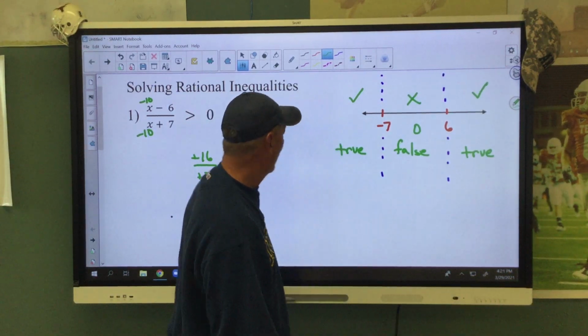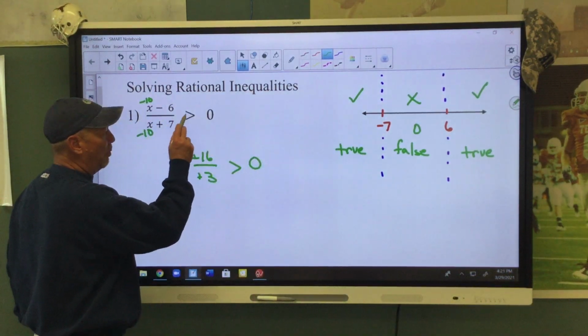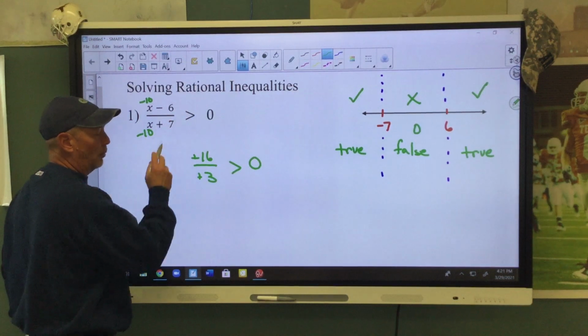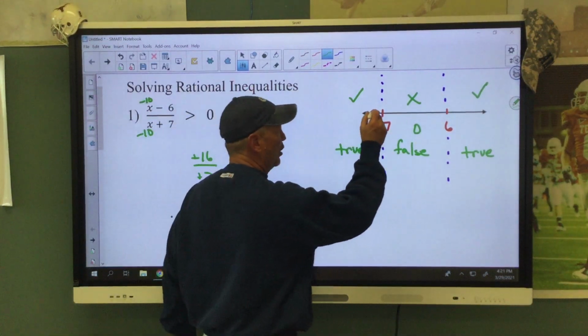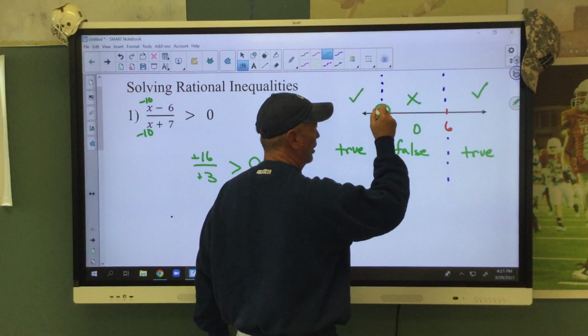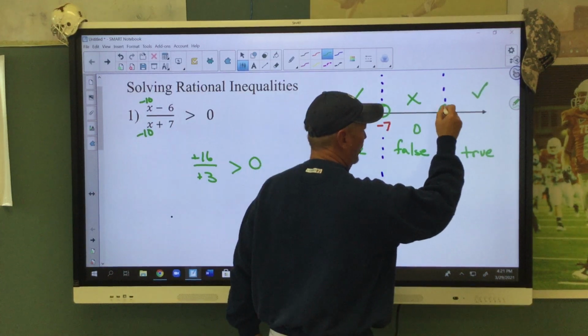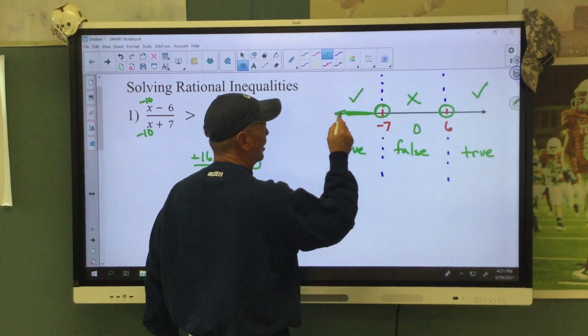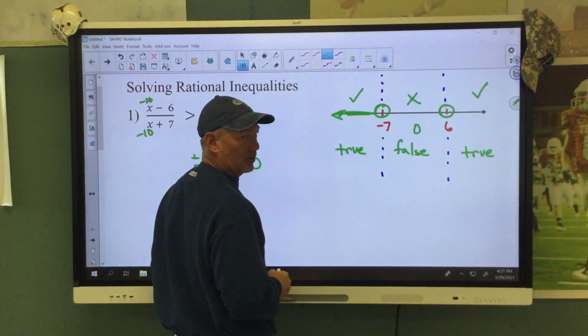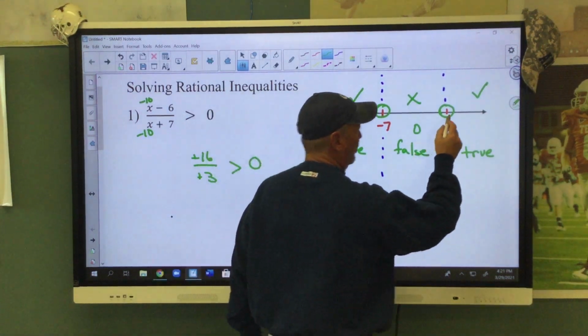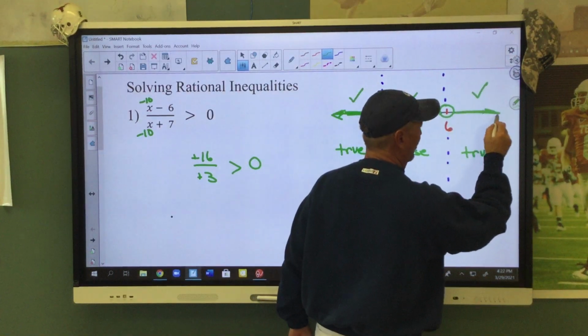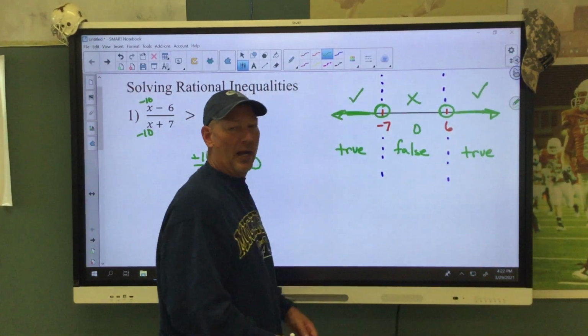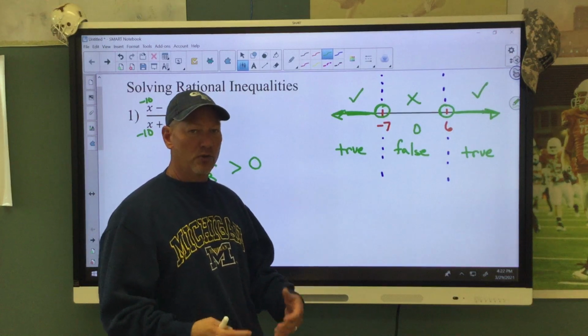Okay? Now, we do not have a bar underneath our inequality symbol. So that means we should have an open circle and an open circle. That means anything from here to that direction is good. From here to that direction is good. We will write our final answer in interval notation.